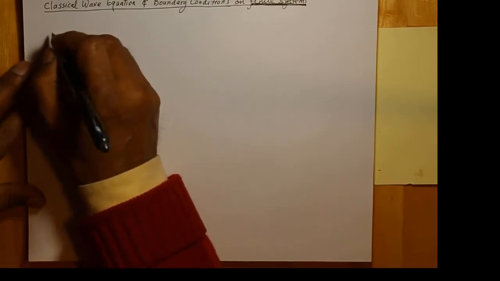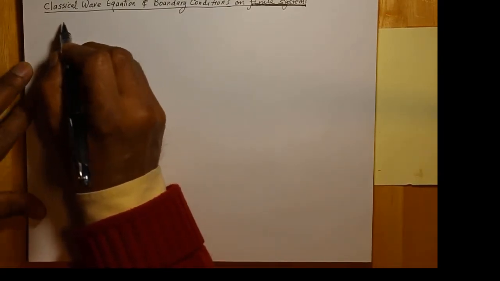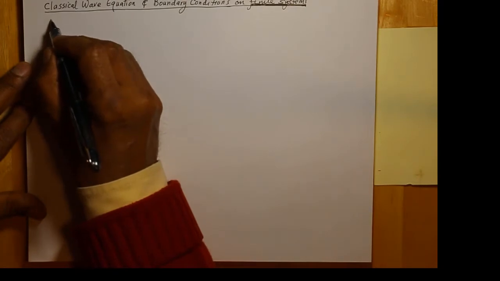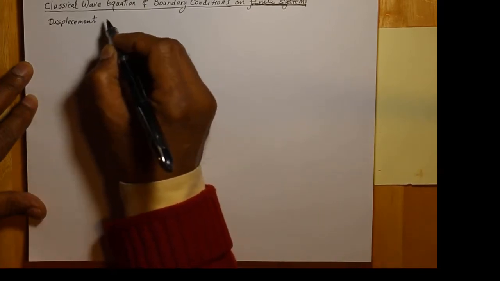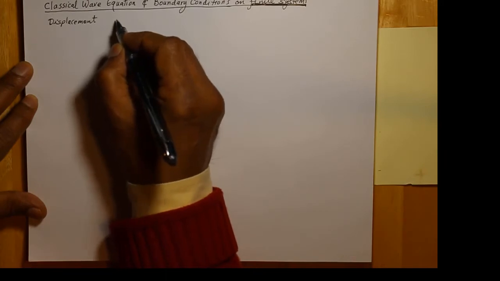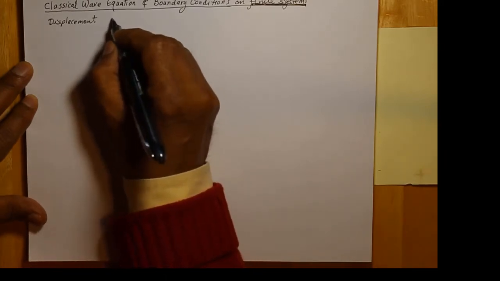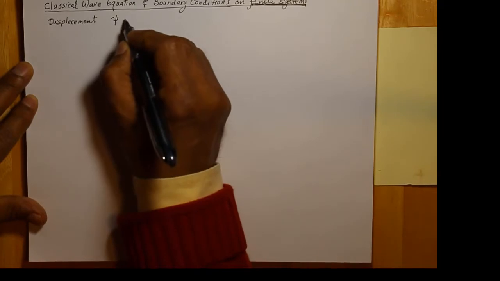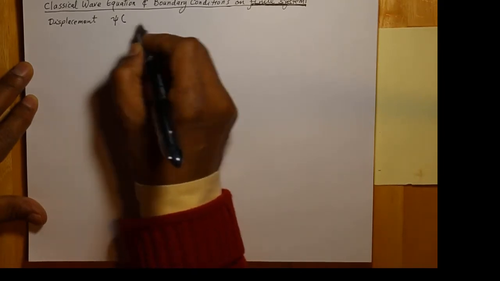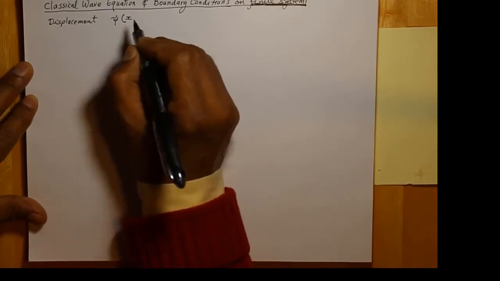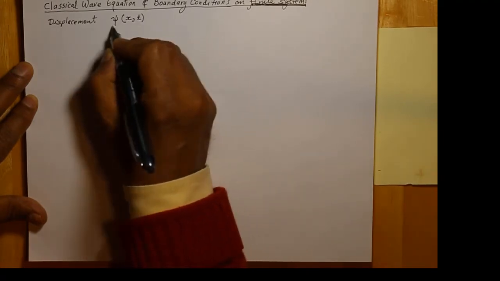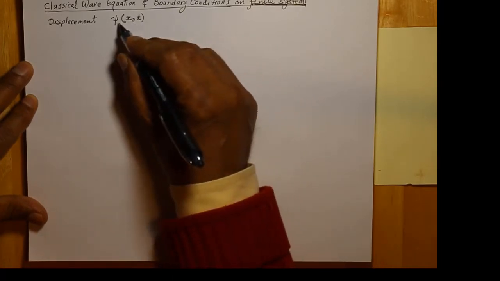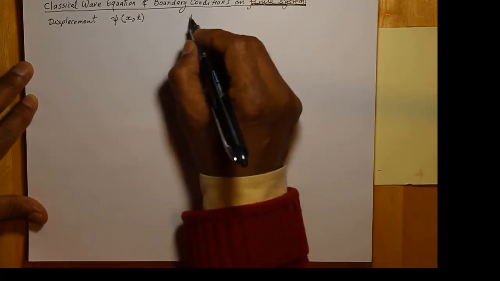So let's recall, in each of the systems there's a displacement variable. We can use the letter psi, and we're going to look at a one-dimensional system, so you have something along the x-axis and at time t. This says displacement. Psi is different things in different systems.